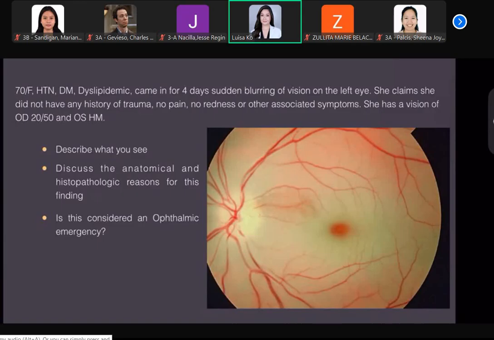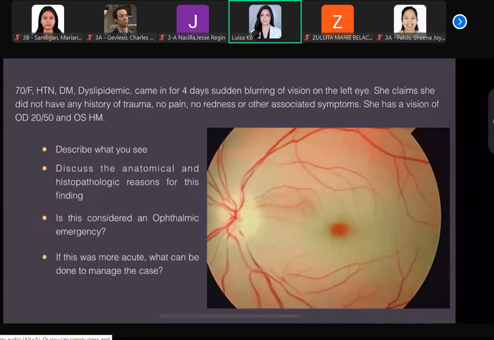Make sure that you refer the patient to the stroke unit, to the IM doctor, for workup. So even if you are past your golden period for treating CRAO, you still treat this as an emergency because there is a risk to the patient's life. Okay? So it's not an emergency eye-wise, but it's still an emergency generally.